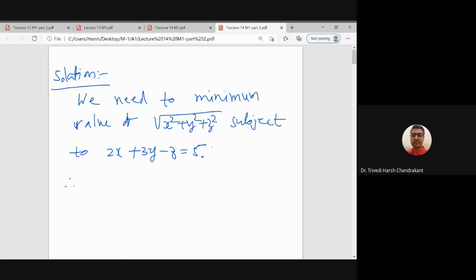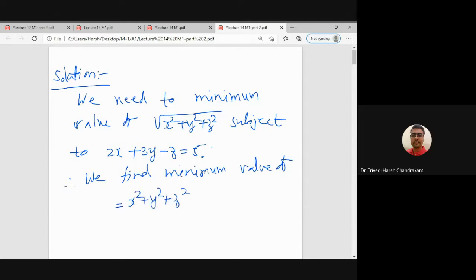So therefore we find minimum value of the function x square plus y square plus z square.